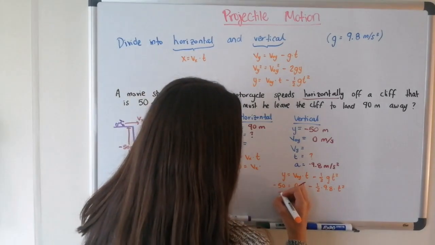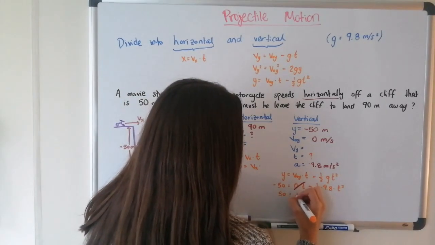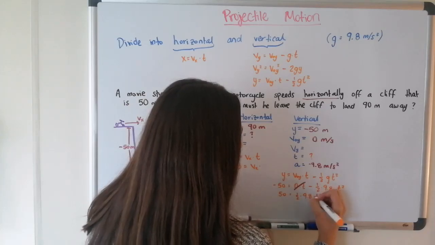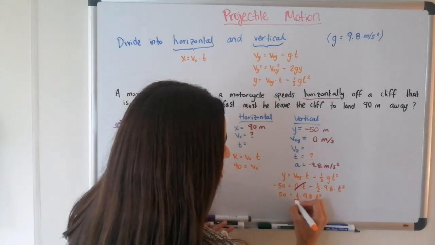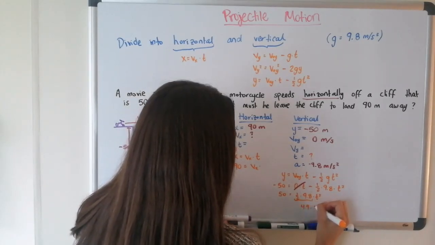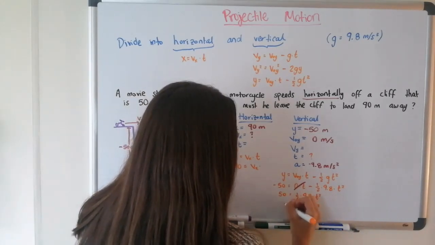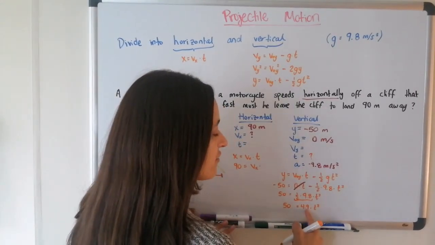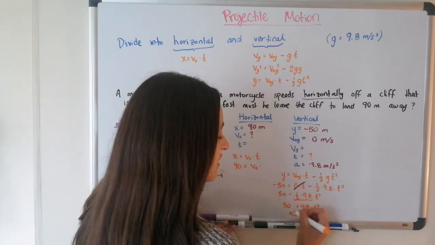So we're left with 50 equals 1/2 times 9.8 times t squared. This is a number. 1/2 times 9.8 will give us 4.9. So we can put 4.9 t squared equals 50. And then to solve for t squared, we have to pass the 4.9 to divide down here.